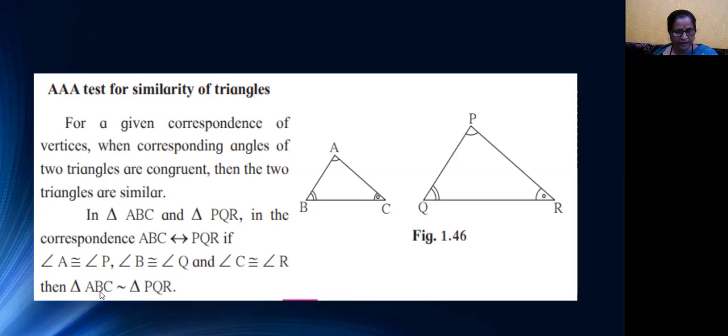That means triangle ABC is similar to triangle PQR.